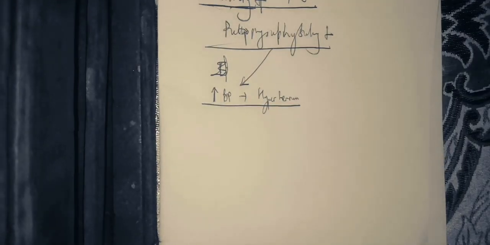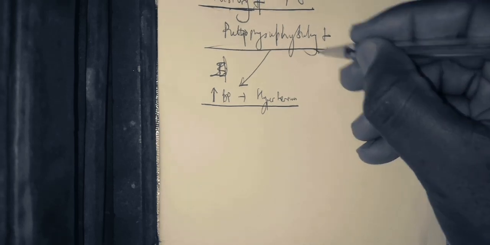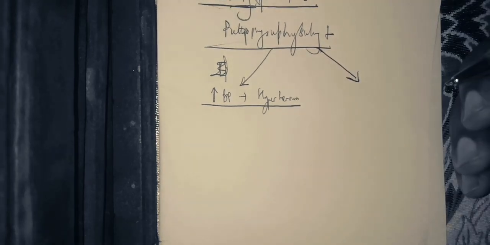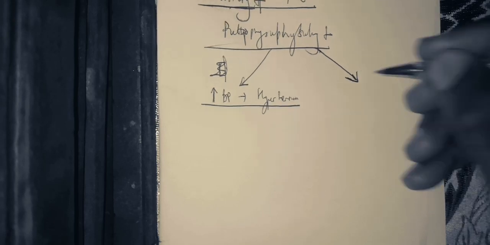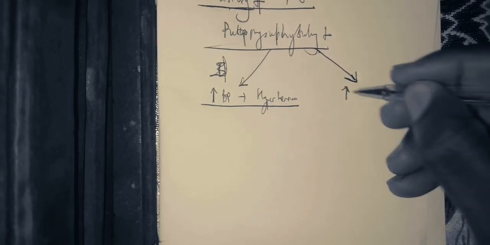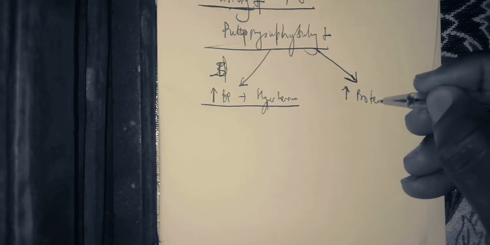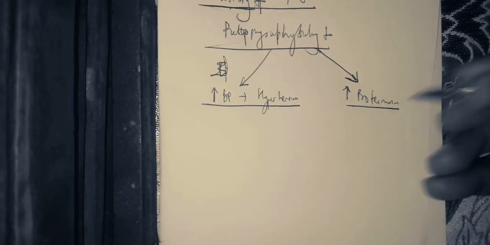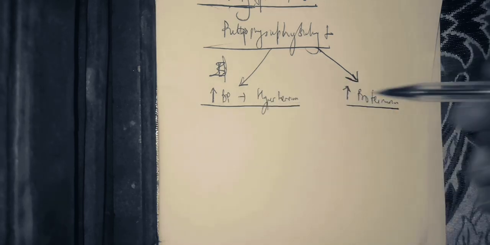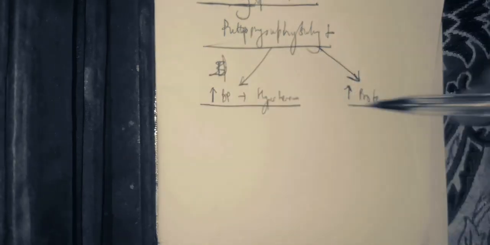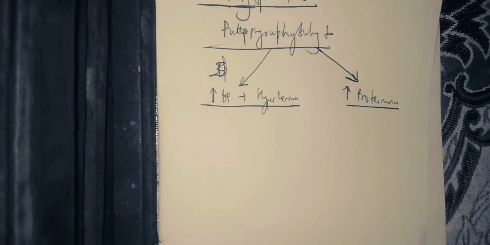We have the signs and the symptoms that hypertension is going to give. Now, the next thing is that preeclampsia pathophysiology is also based on proteinuria, an increase in protein level. Is it clear? Those are the two major pathophysiologies via which preeclampsia is going to result in signs and symptoms.